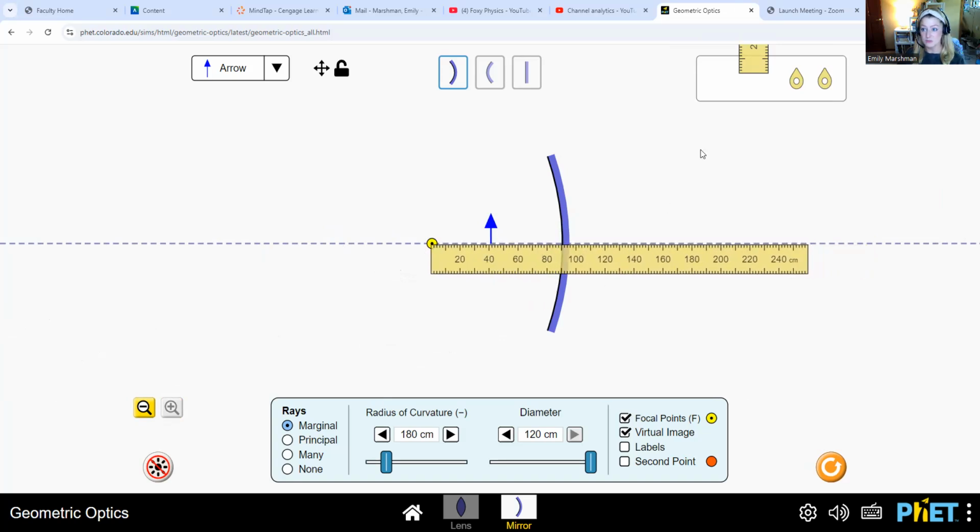Let's make a prediction of what will happen now. The object distance is 50. We want to figure out where the image is and what the image looks like. Is it increased in size, decreased in size? Is it a real image or is it something else? Let's go back to the whiteboard and work that out.